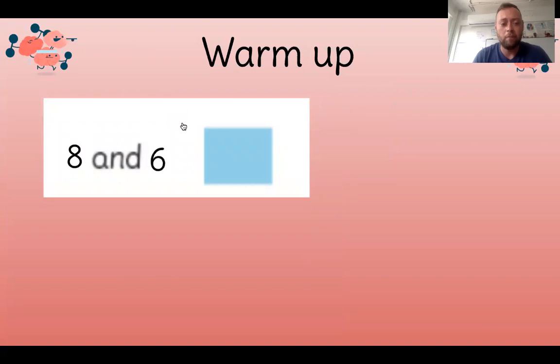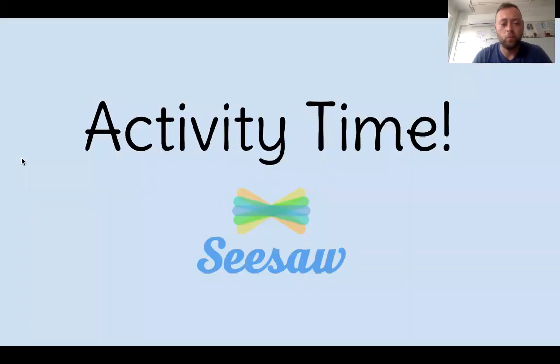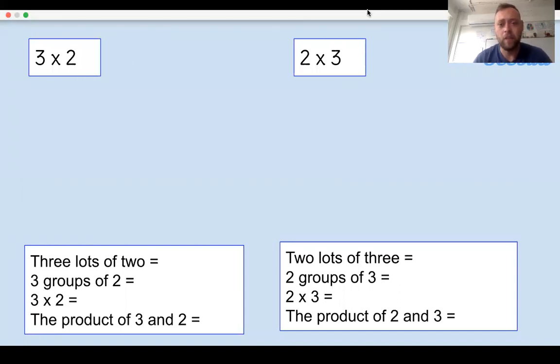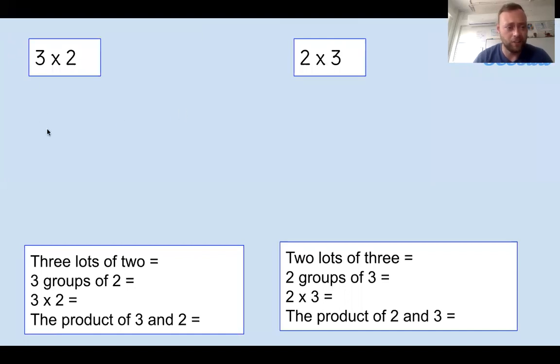So let me show you what I'm talking about. This is what your activity looks like. So here, I want you to read the question. So it says 3 groups of 2, and you're going to draw the array however you want to. 3 groups of 2.